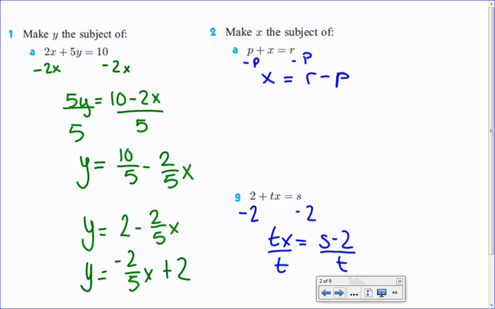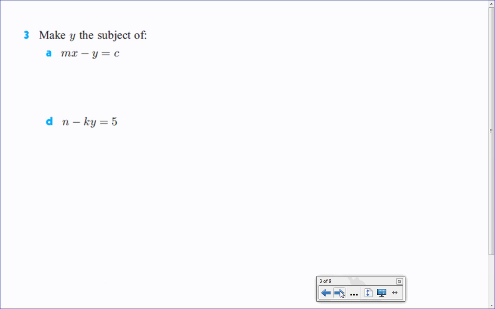And you can have this as your final answer, x is equal to that, or like we did in this example, you can separate it into two fractions. Okay, y, we can just simply add y to the other side. So mx, and then minus c. So we're adding y, we're minusing c. Mx minus c is equal to y.